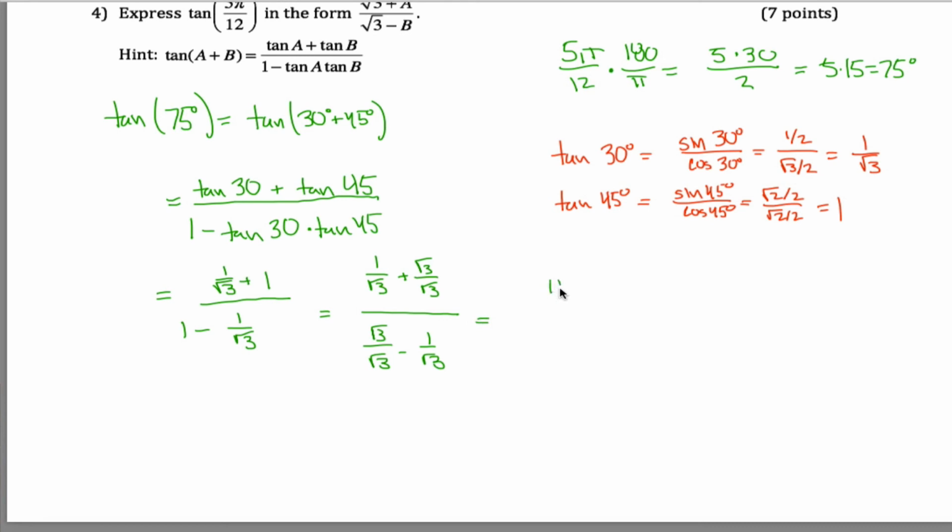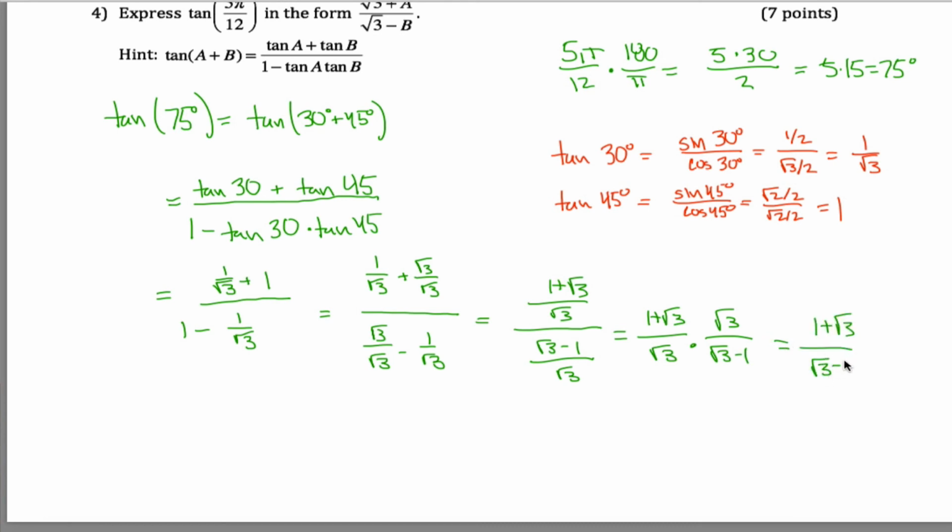So what I have is (1 plus root 3) over root 3 divided by (root 3 minus 1) divided by root 3. So I got (1 plus root 3) over root 3 times, because dividing fractions is like multiplying by the reciprocal, root 3 over (root 3 minus 1), cancel out those root 3's, then you get (1 plus root 3) divided by (root 3 minus 1).